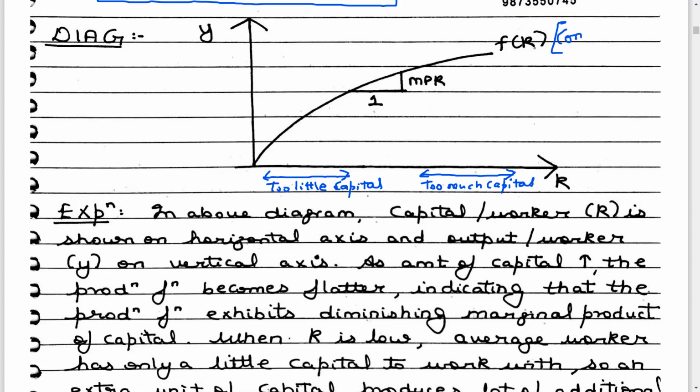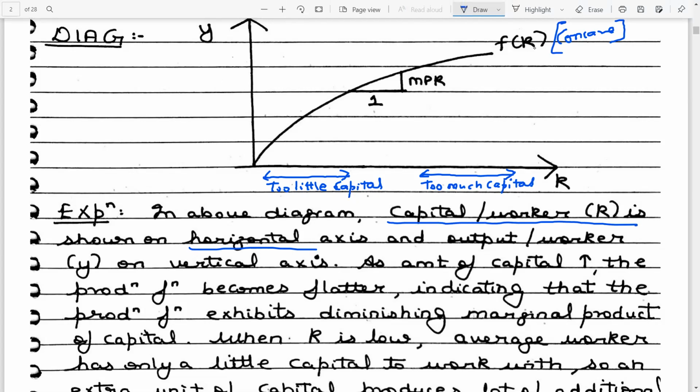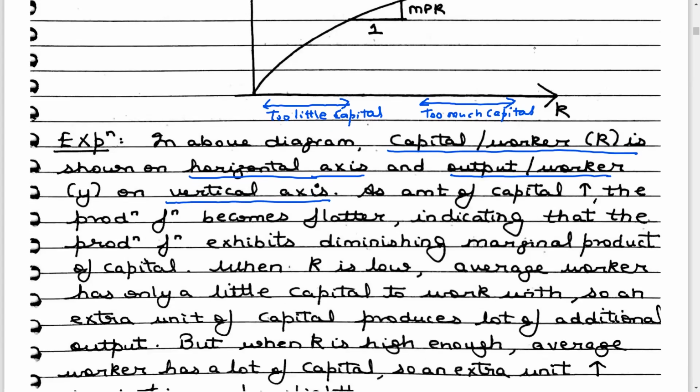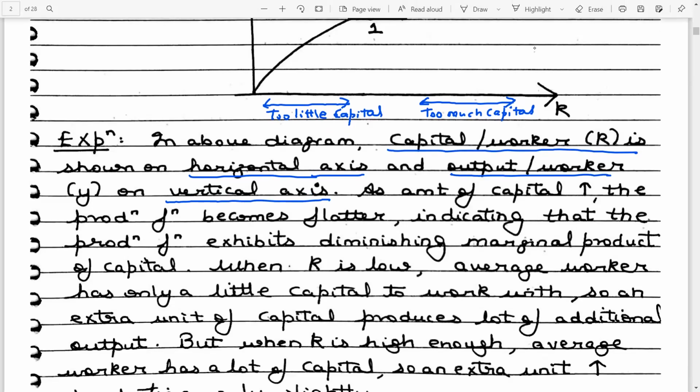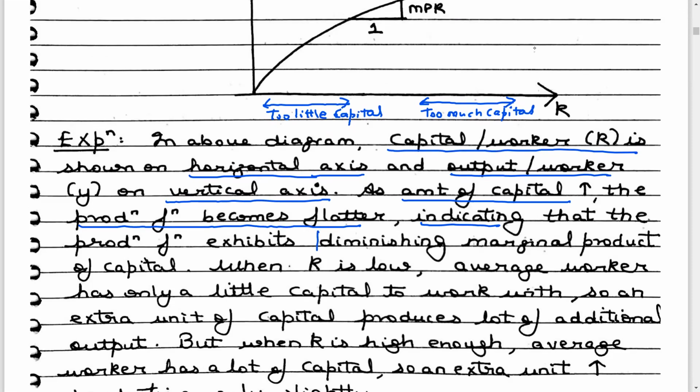We can even read the paragraph once, which gives us a better understanding. So in the above diagram, capital per worker is shown on the horizontal axis. Output per worker is shown on the vertical axis. You can clearly see as the amount of capital increases, the production function becomes flatter, indicating that the production function exhibits diminishing marginal product of capital.